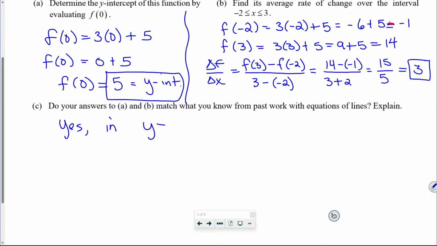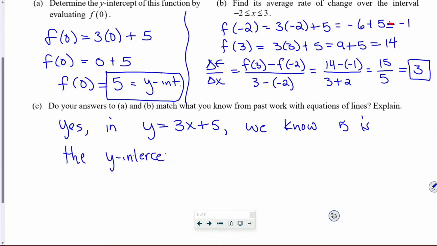In y equals 3x plus 5, we know 5 is the y-intercept, and 3 is the slope.